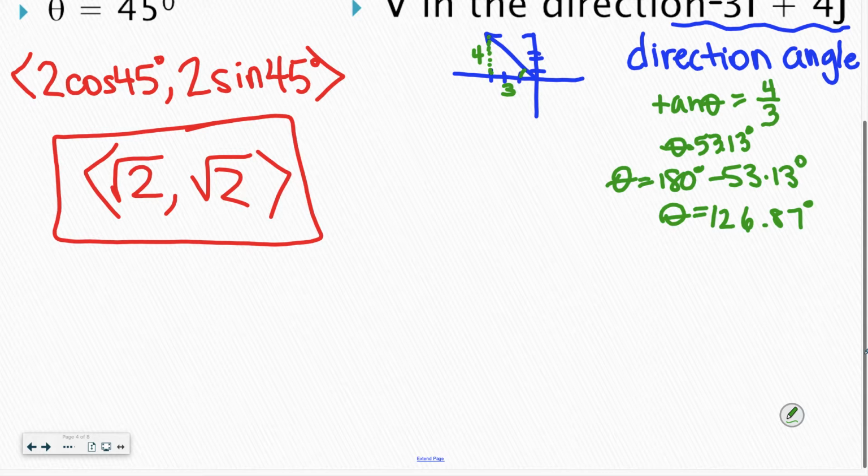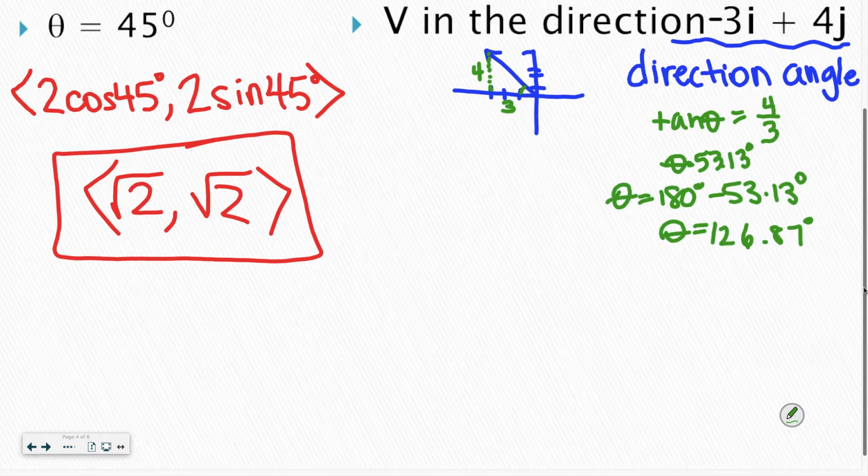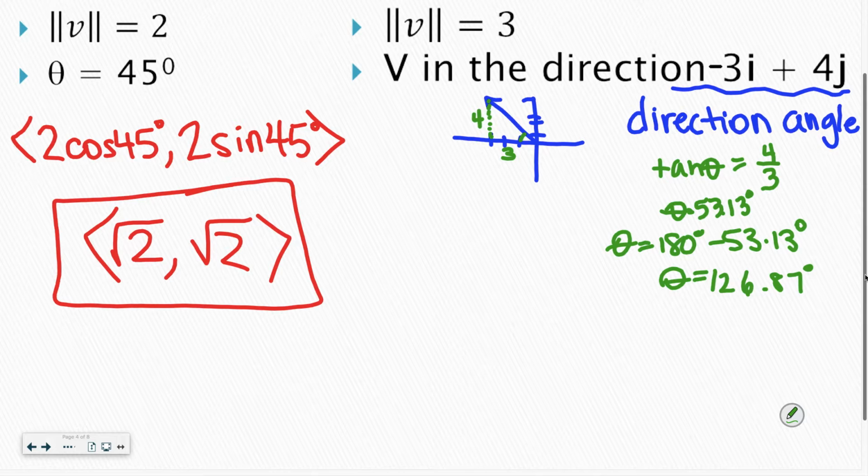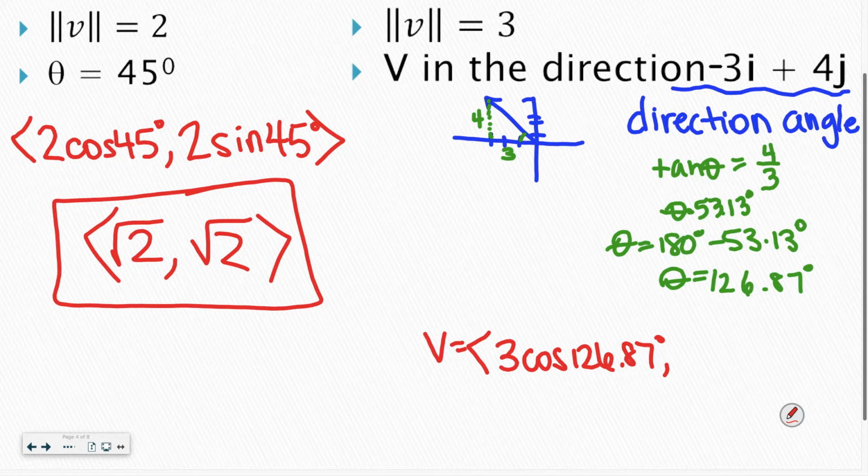So now we have our direction angle. Okay? So if we want the component form of v, now we can take our magnitude times the cosine of the angle for our horizontal component and our magnitude times the sine of our angle for our vertical component.